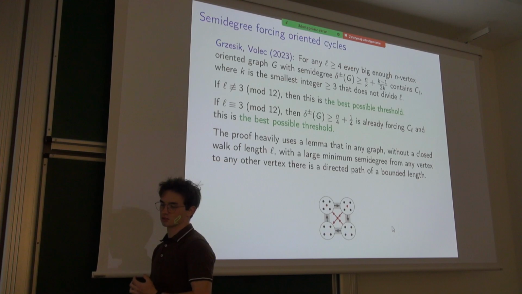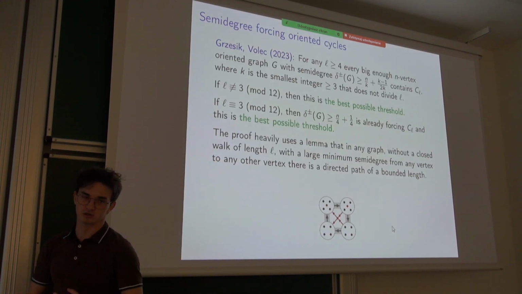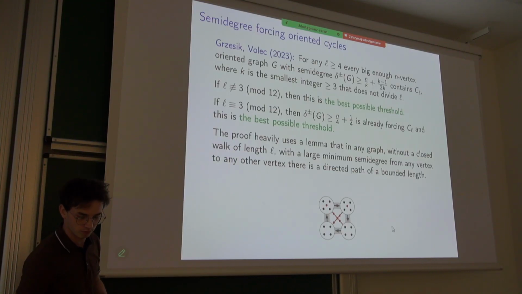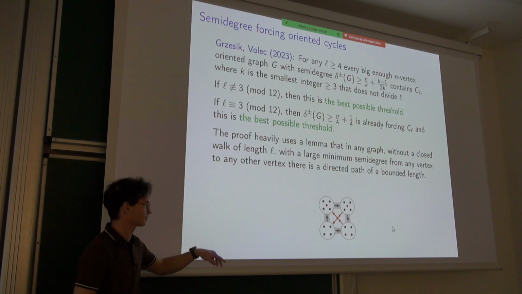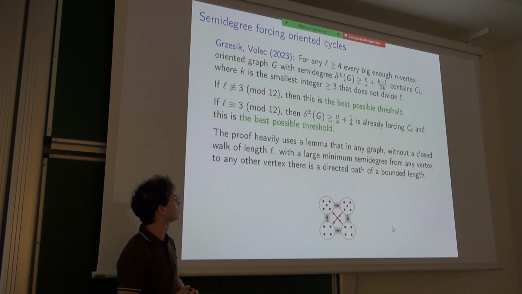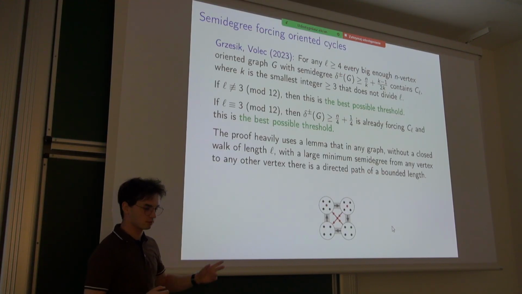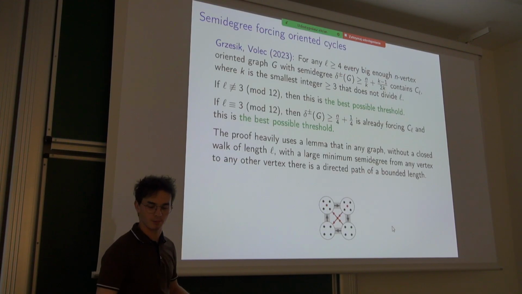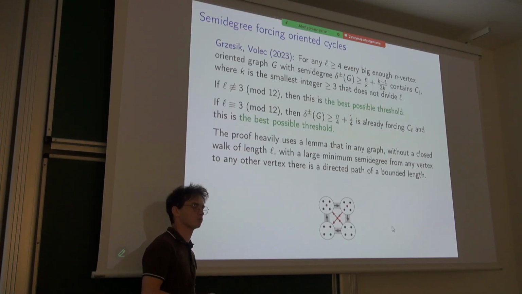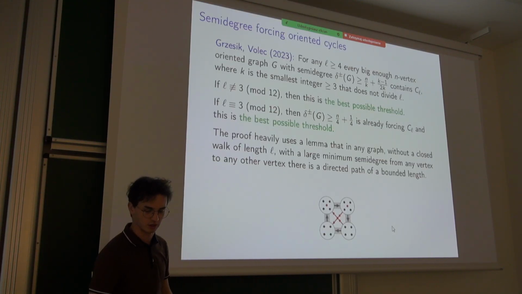This is an important difference. Grzesik and Volec heavily use a lemma relying on the fact that the graph has bounded diameter. We had to find a workaround.